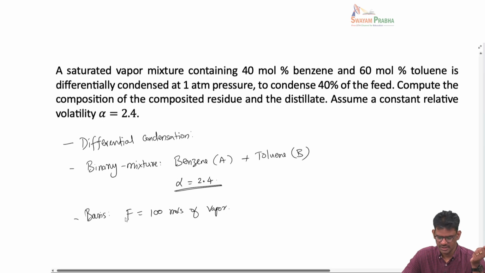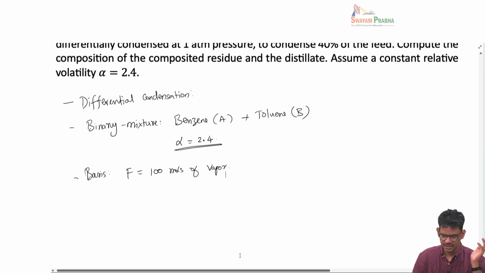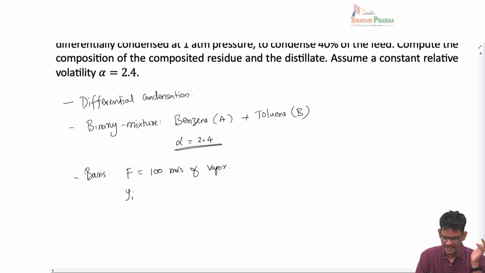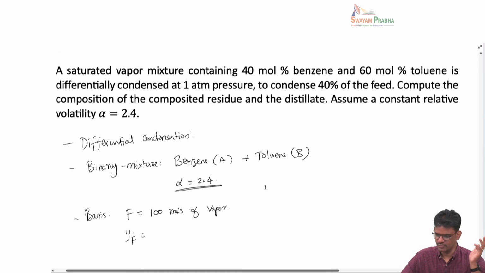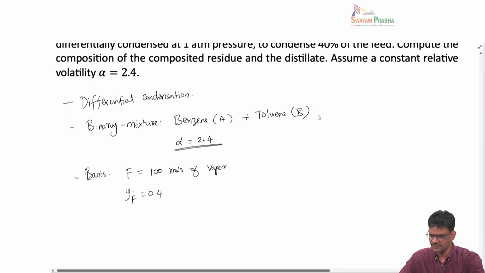Okay, so here F, the feed, is the 100 moles of vapor, and so we can say instead of XF we will say YF, and this is 0.4. The task is to condense 40% of the feed. So W is 40 moles.